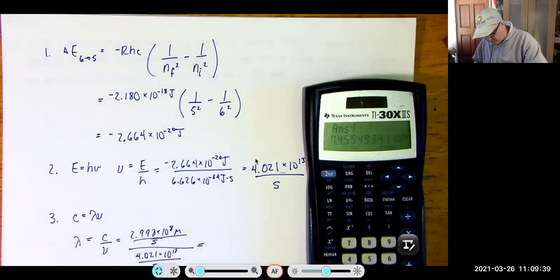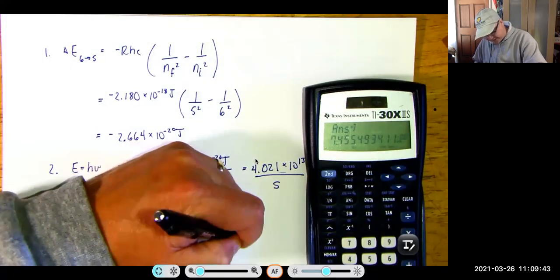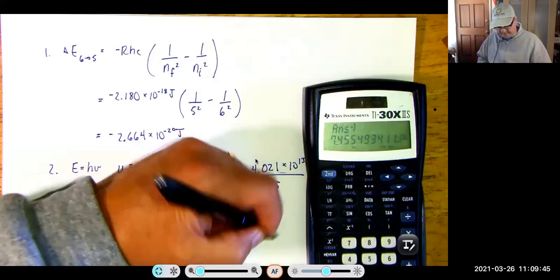And I get 7.455 times 10 to the minus 6 meters.